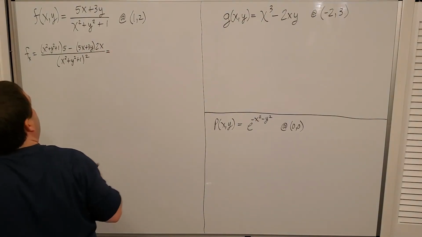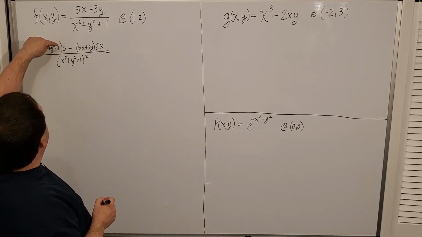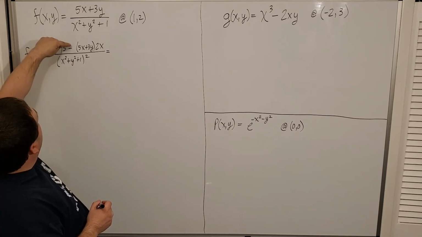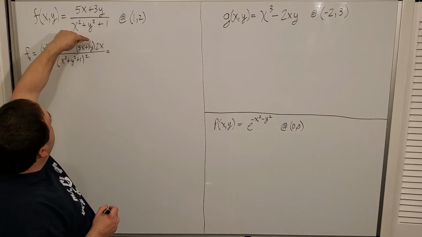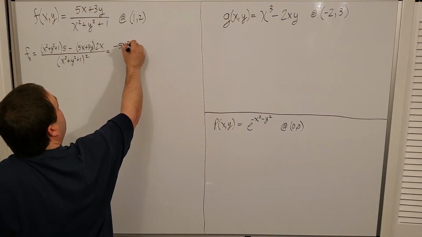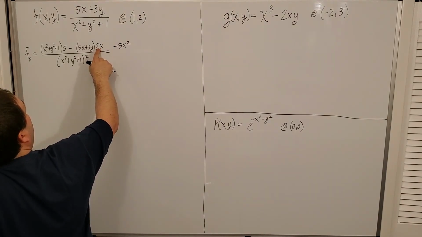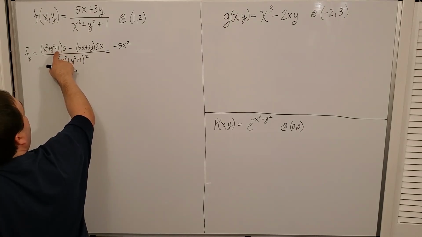So let's see, my partial derivative can reduce. I'm going to have 5x squared here minus 10x squared here. So I've got negative 5x squared. Next, I've got 6xy, and I've got 5y squared and 5.